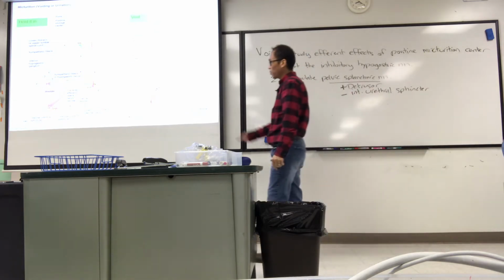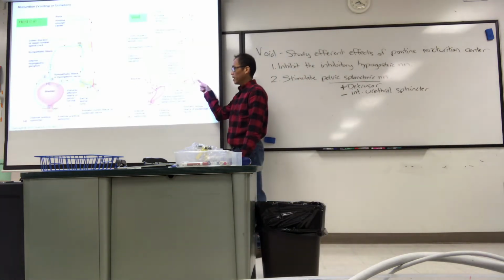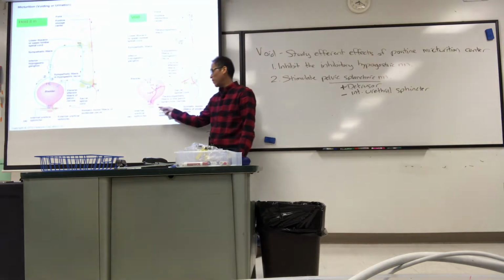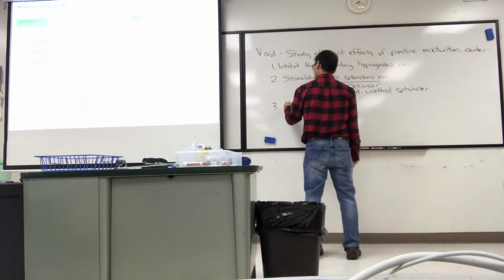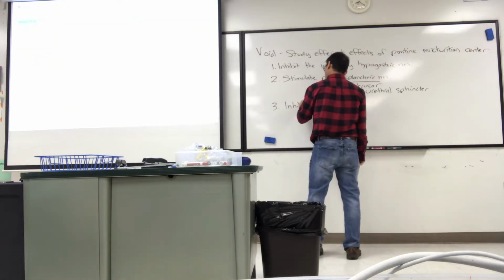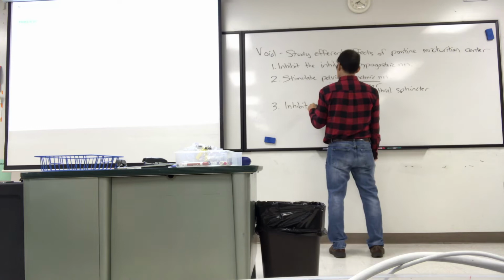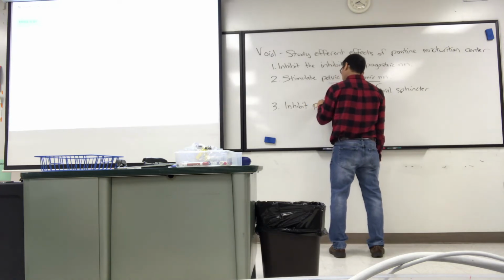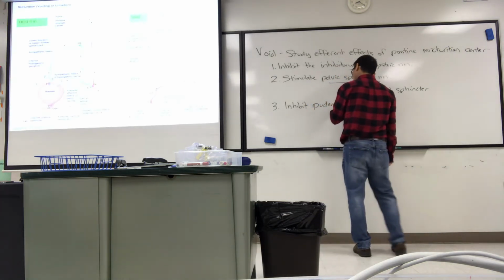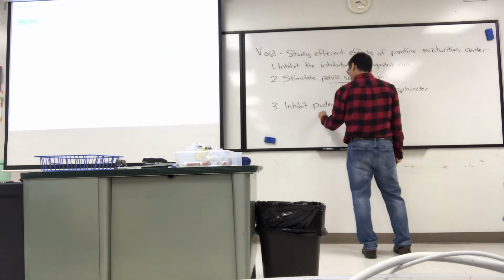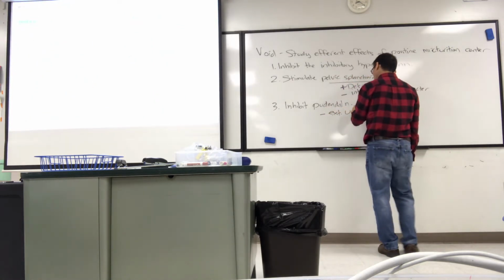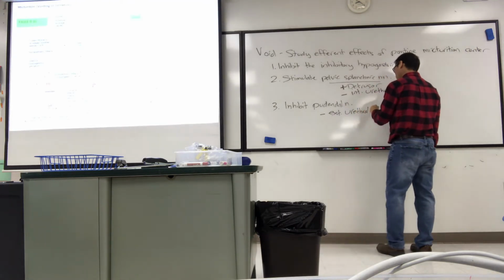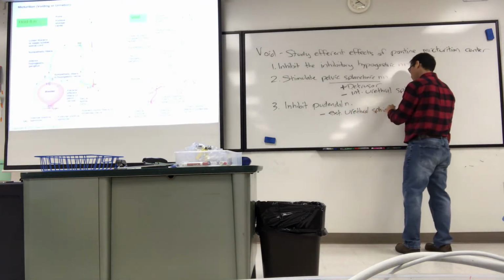Yes, and so that's the third thing I'll list. They inhibit pudendal. And by doing that, you'll inhibit the external sphincter. Inhibit pudendal. By inhibiting pudendal, you inhibit the external urethral sphincter.